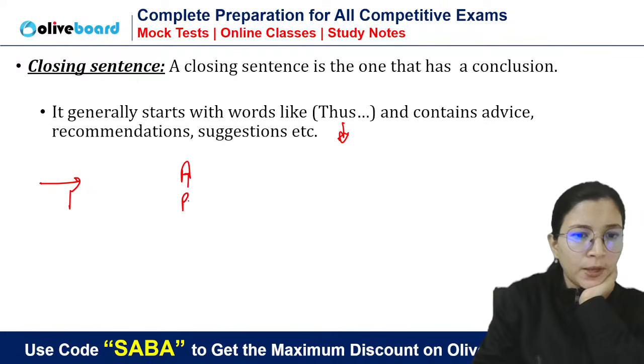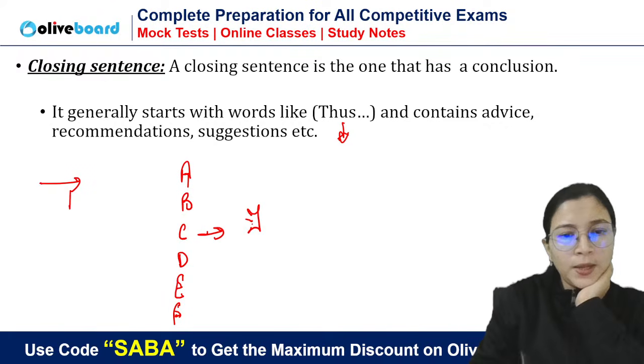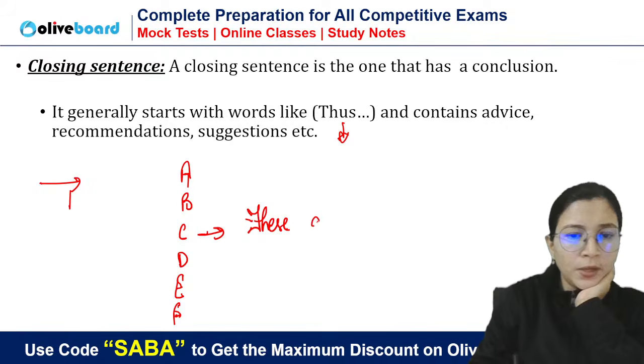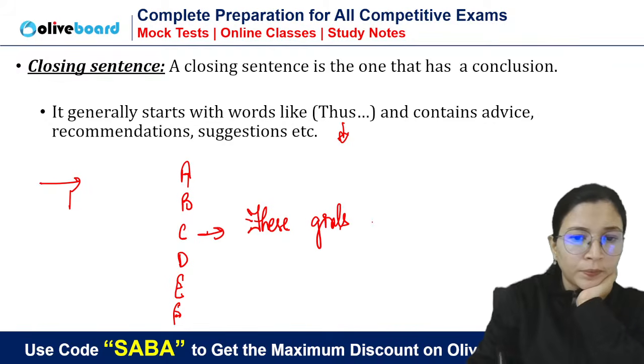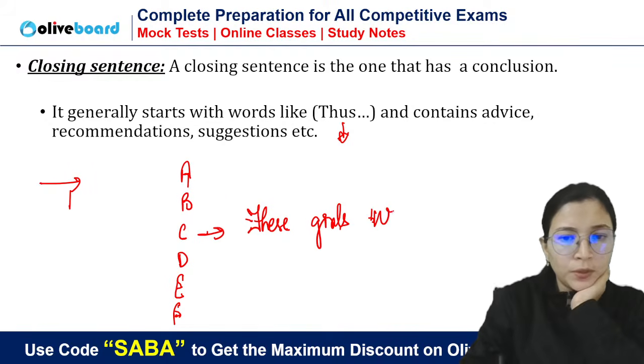Okay. A, B, C, D, E, and F. In sentence C, it is given these girls worked very hard.